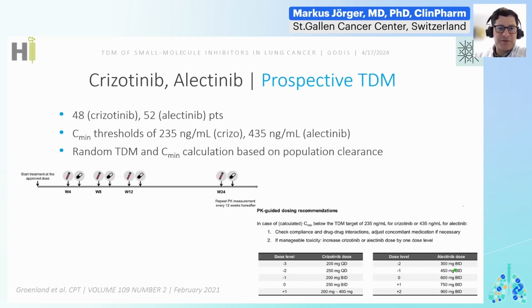This is work from our Dutch colleagues that looked in a moderately sized patient group at crizotinib plus also alectinib, and they looked at the trough levels for both drugs.